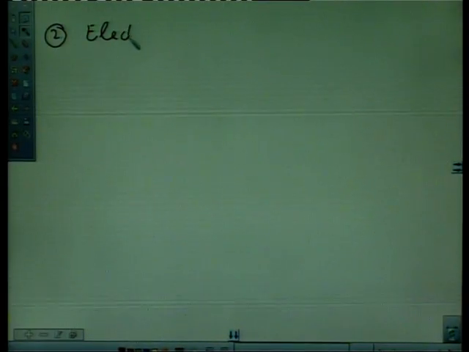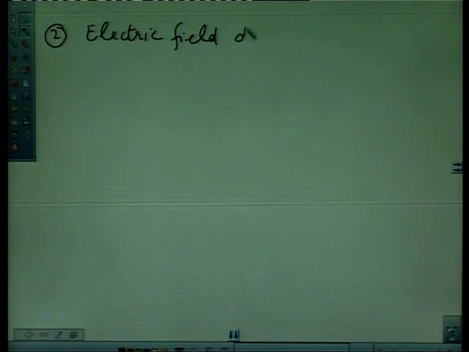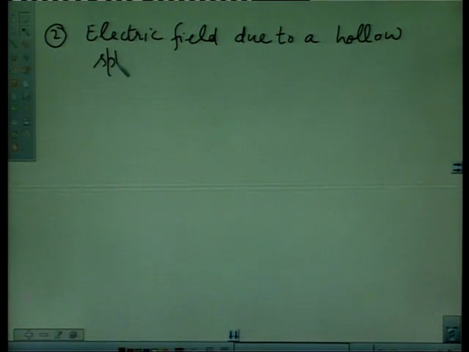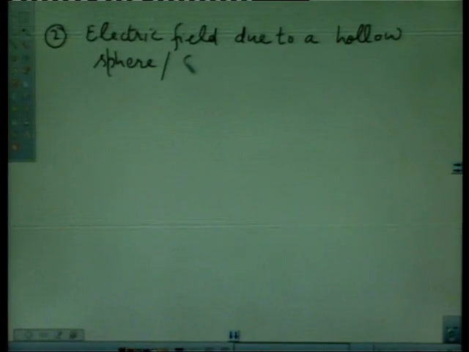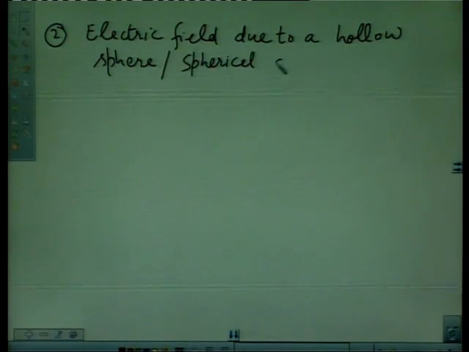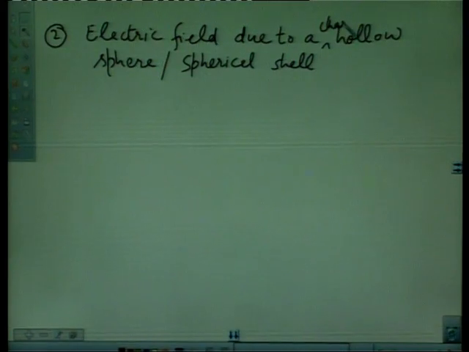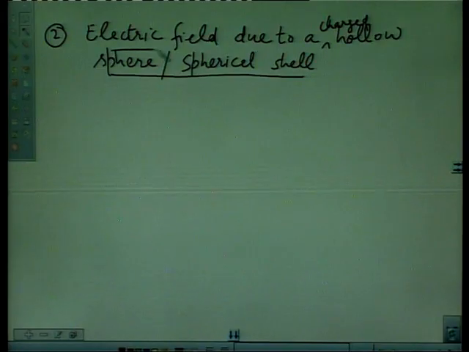The second one is electric field due to a hollow sphere or spherical shell, due to a charged hollow sphere or a spherical shell.